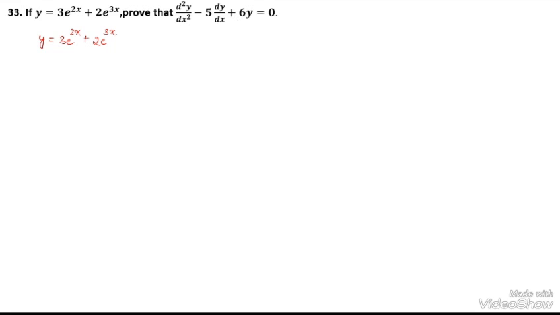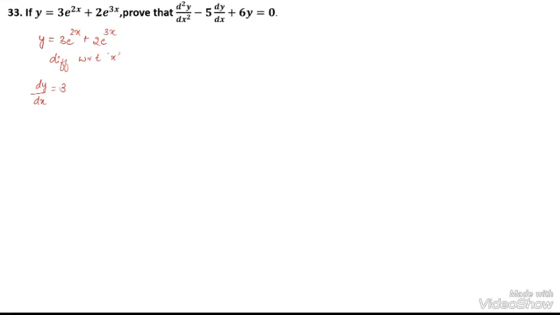Now, differentiate with respect to x. First differentiation, dy by dx is equal to 3 will be constant. Differentiation of e to the power 2x: we already know that the derivative of e to the power x is e to the power x.